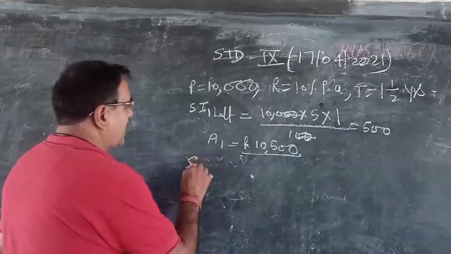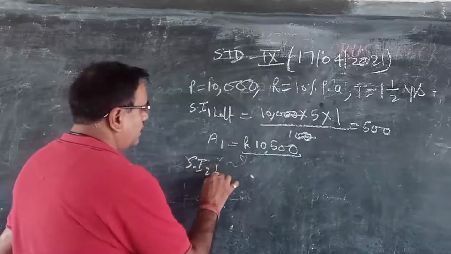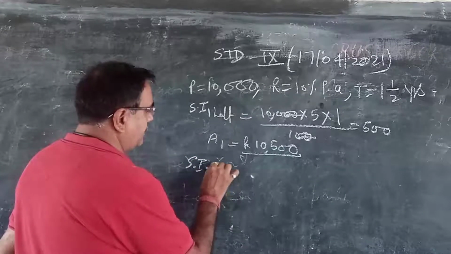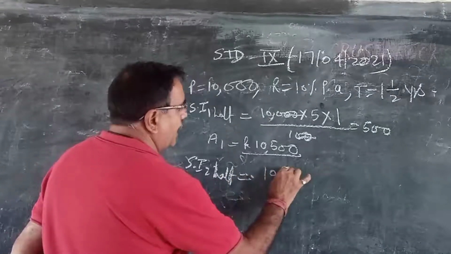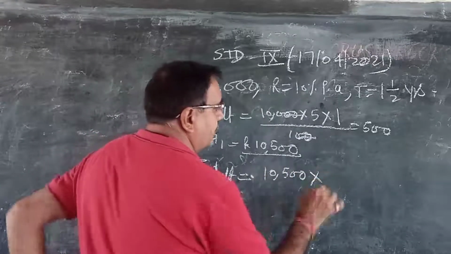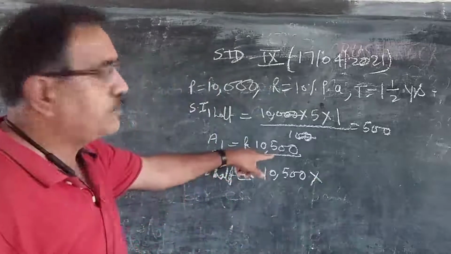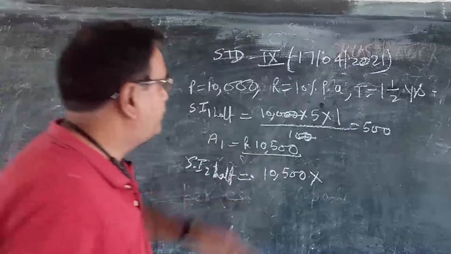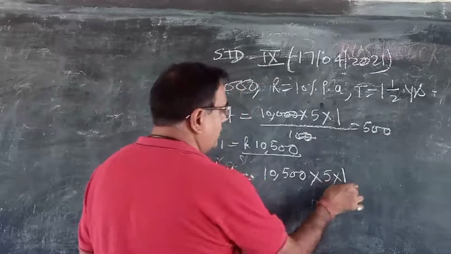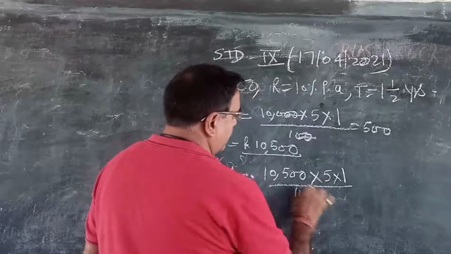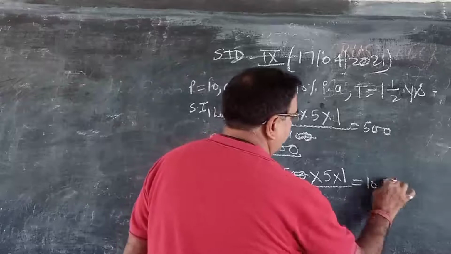So SI2, second half. 10,500 becomes the principal. The first half amount becomes principal for the second half. Rate again 5% and second half time 1 by 100. Cancel, 105.